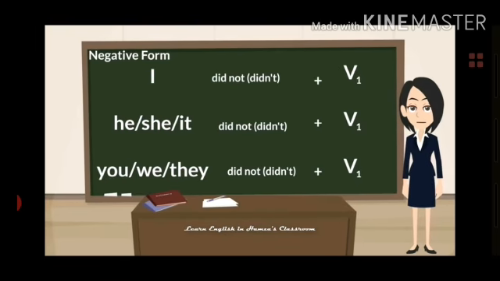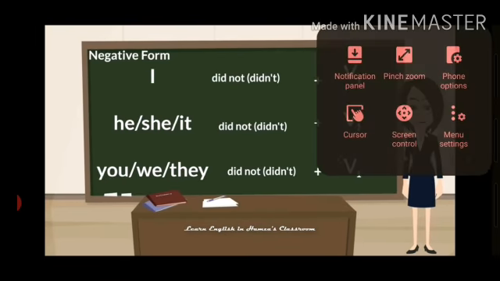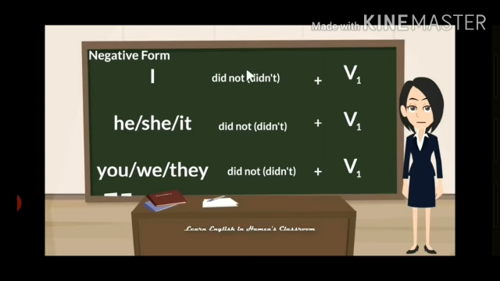And for negative form, for all of the subjects, we use did not, or disingkat menjadi didn't. And then the verb is changed into verb 1. Jadi ketika negative form, dia kata kerjanya berubah menjadi kata kerja pertama.